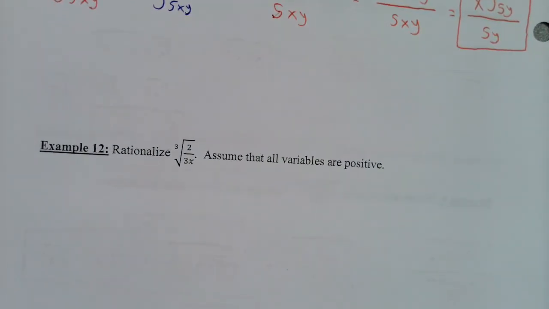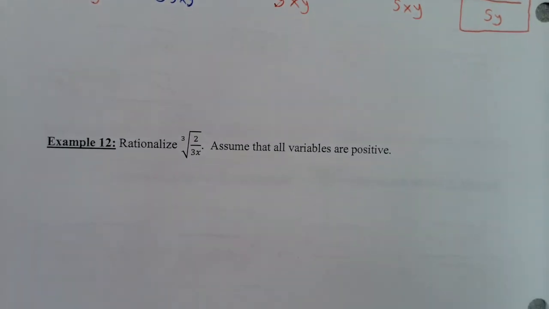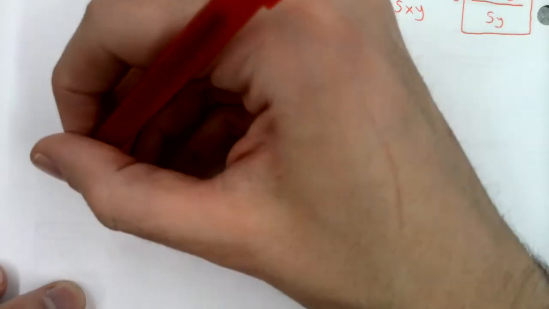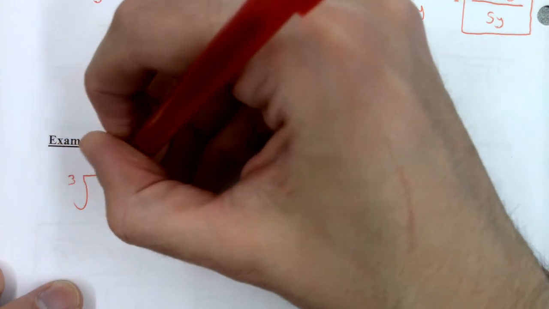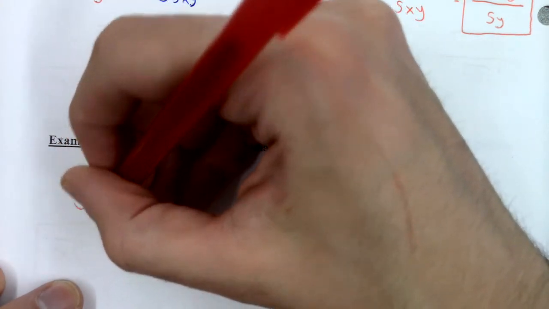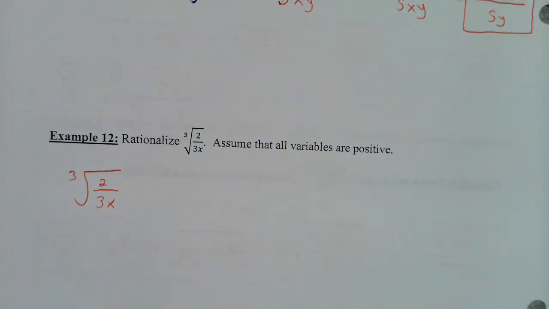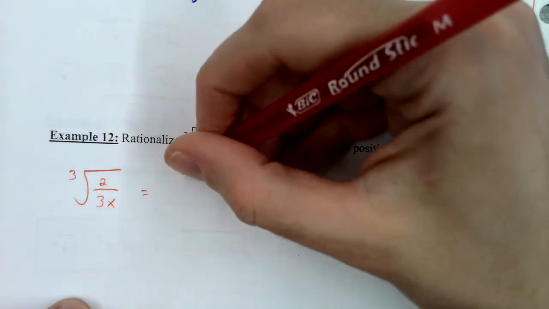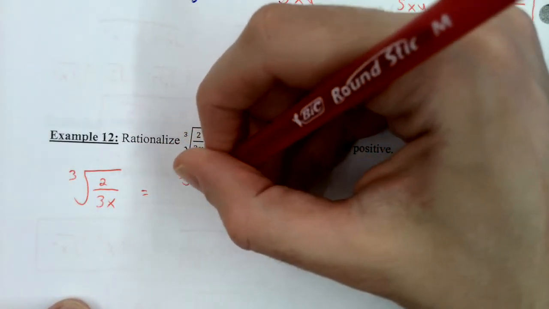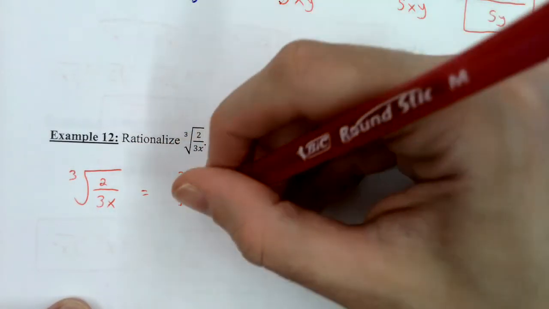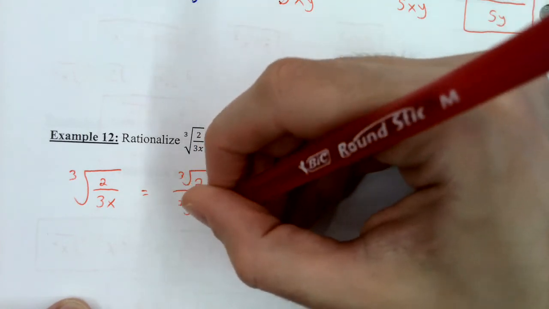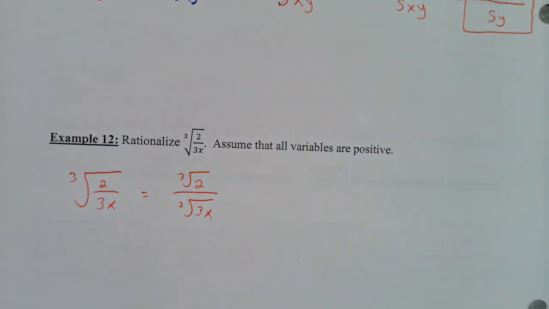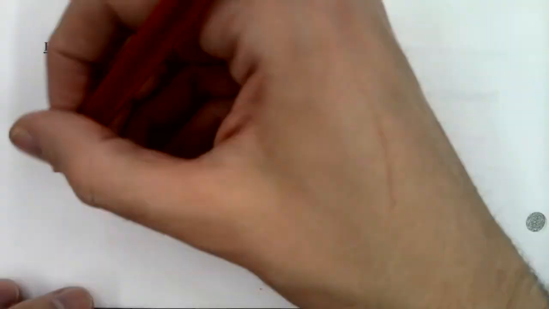Last problem, rationalize the cube root of 2 divided by 3x. So first things first, I'm going to separate this. I'm going to rewrite this as cube root of 2 divided by cube root of 3x. And now think about it like this.